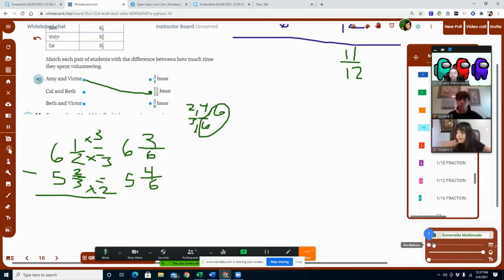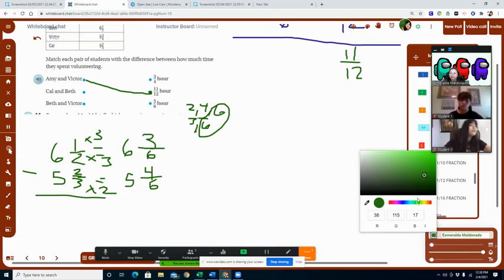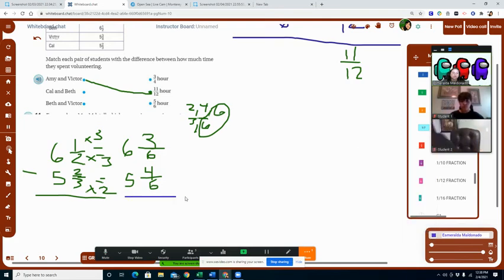So here are my equivalent fractions, and now I can subtract because I have it written down with equivalent fractions. So I'm subtracting, okay, I'm going to draw a line. 6 and 3/6 minus 5 and 4/6. Can I take away 4 from 3? No, right?